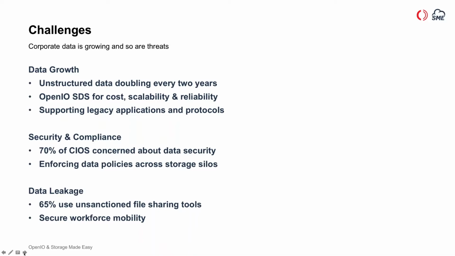Of course, part of the problem is the employees don't have compliant tools for sharing data in the first place, sharing files with vendors and partners and customers. And they don't have tools that are really good for working out of the office, mobile, work from home. 65% of employees admit to using unsanctioned file sharing tools, and we think the other 35% might be lying.